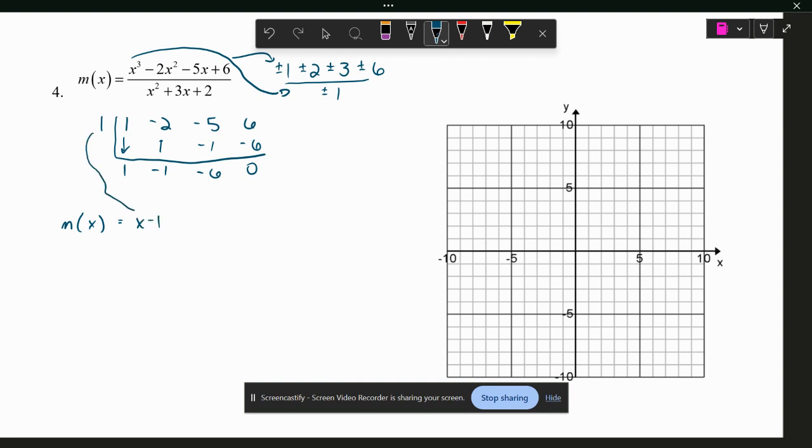Okay, that's how I get this part here, times x squared minus x minus 6, which can then be factored into x minus 3 times x plus 2. In my denominator, I'm going to end up with x plus 2 times x plus 1.